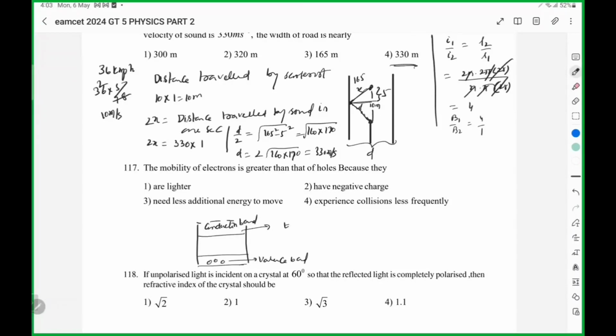So electrons require lower energy to continue motion.